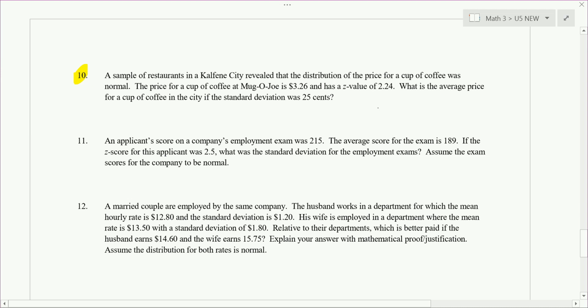So a z-score, by definition, is your value minus the mean over the standard deviation. Okay, and we're given the z-score, so we know z is 2.24.